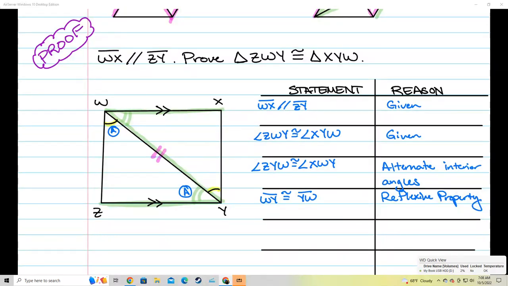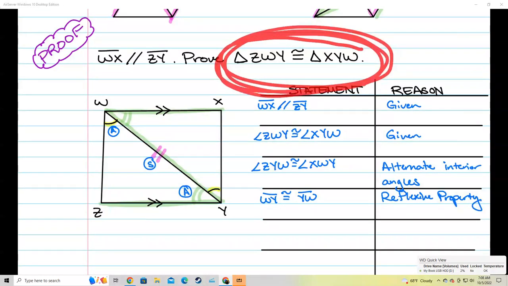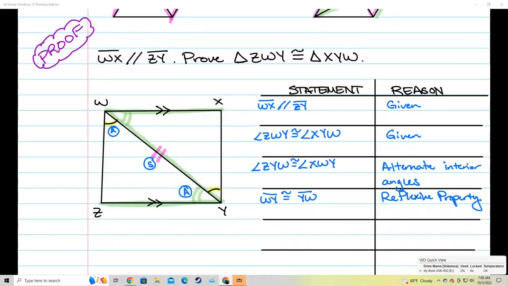When I get reflexive property, I get an S. Notice that I have the two angles. And the side is in fact in the middle of those two angles. So this is enough to say that the triangles are congruent. Since the triangles are congruent, I'm going to write exactly what I wanted to prove. I know for a fact that the triangle ZWY is in fact congruent to triangle XYW.